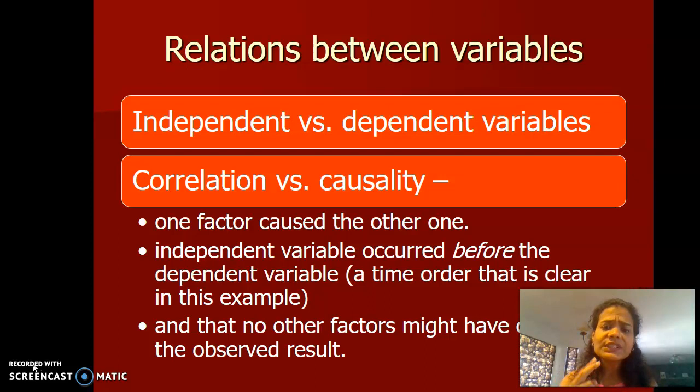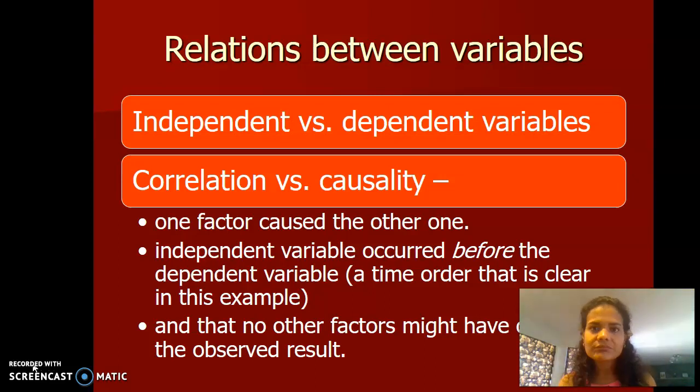But as I said, you need two other conditions to establish a causal connection between two variables. The second condition would be time order, which is that the independent variable needs to have occurred before the dependent variable. This is not always obvious. So for instance, does homelessness cause depression, or does depression cause homelessness? We don't know.